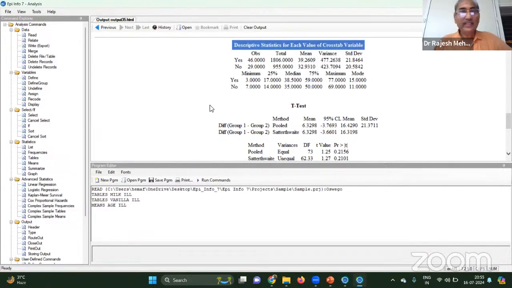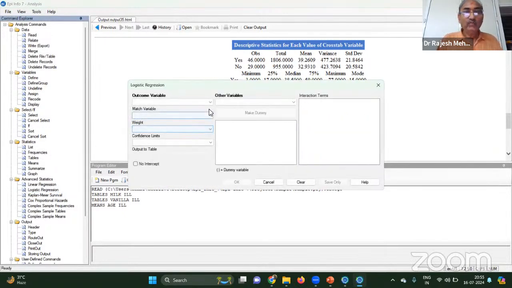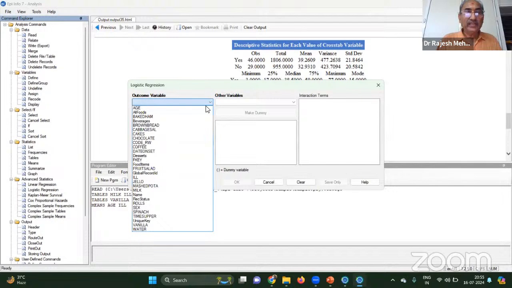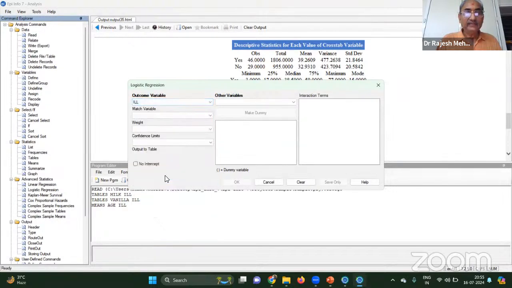So far, before I wind up, you can use this command when you are at home. Outcome variable is illness.